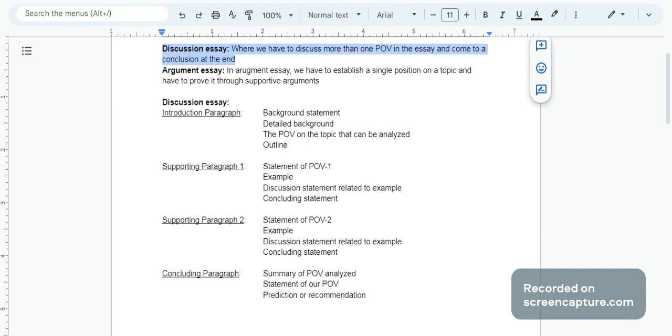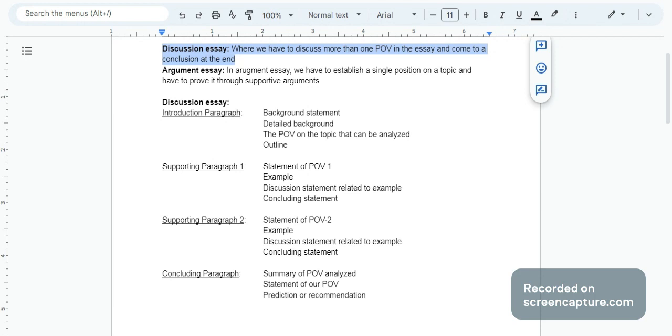This is applicable in an argument essay as well, but we have to make a little bit of adjustment.